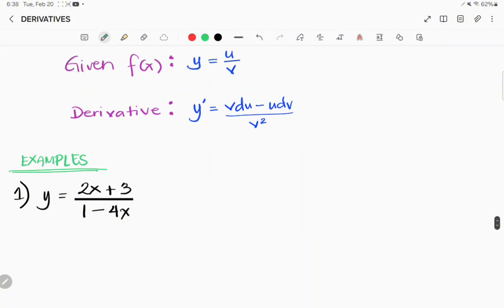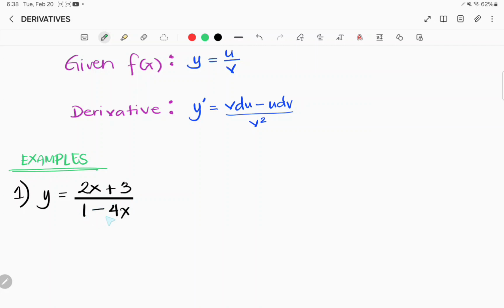So let's apply this formula in order to derive the given function y equal to 2x plus 3 over 1 minus 4x. So the derivative of y, y prime, is equal to copy v, so you have your u over v. Copy v is 1 minus 4x.